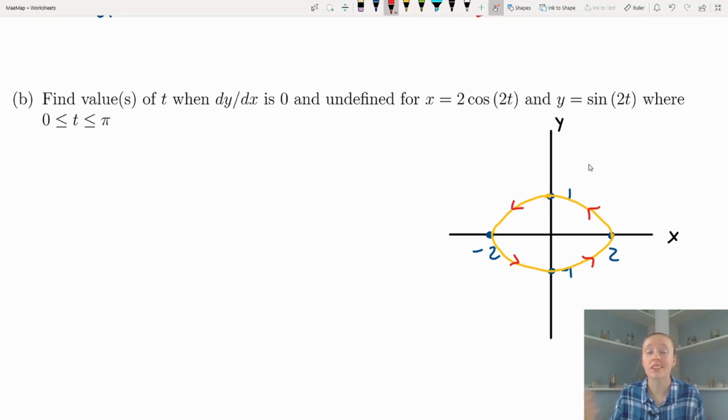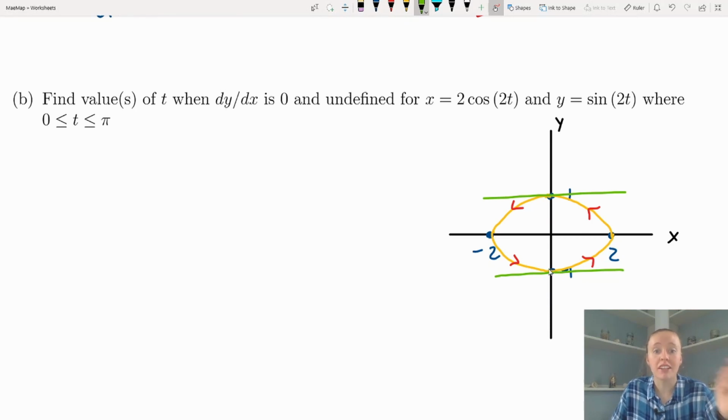That's at a horizontal tangent line. So if you can envision, we would have a horizontal tangent line here and a horizontal tangent line there. So at 0, 1 and 0, -1, that's when our derivative's going to be equal to 0.